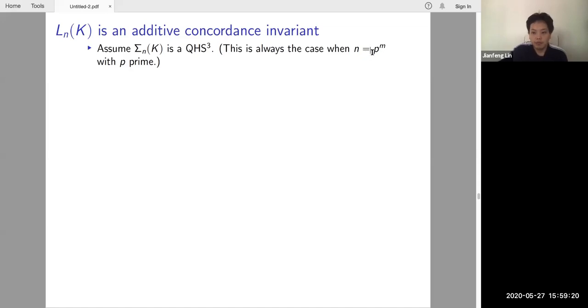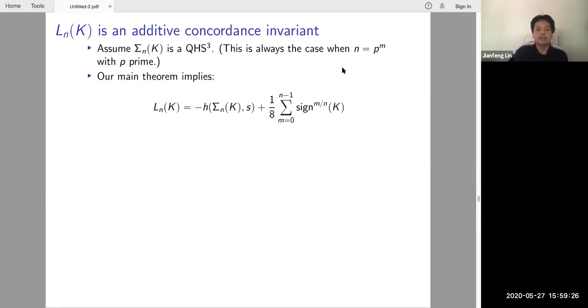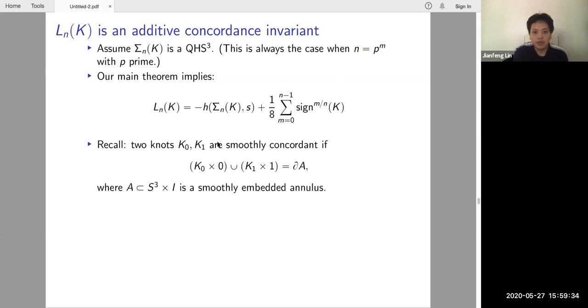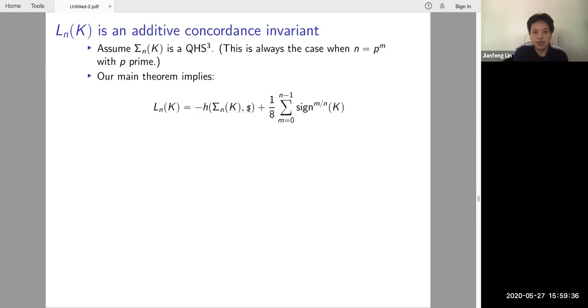Then our main theorem actually implies that this L_n(K) is just a linear combination of the Lefschetz invariant and the signature. Here S is the unique spin-C structure that is invariant under the covering transformation. And as I said in part 1, this is the Tristram-Levine signature.